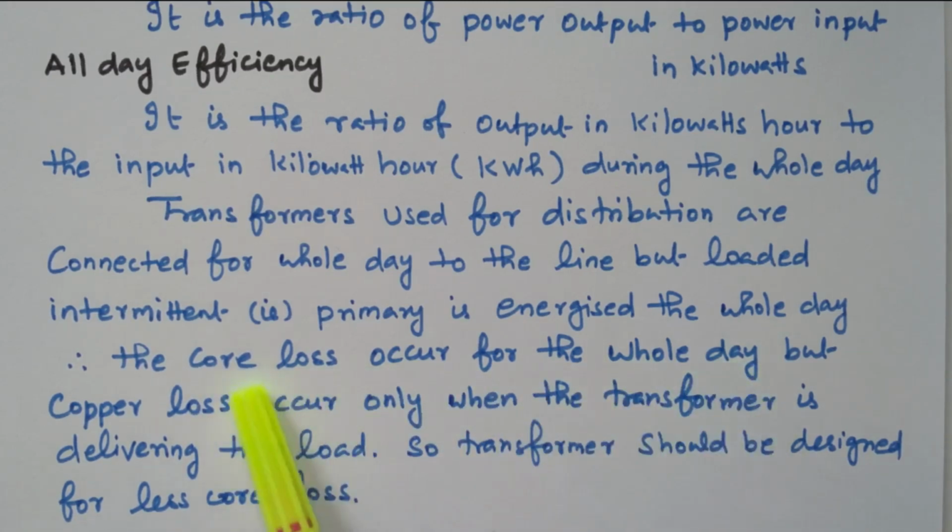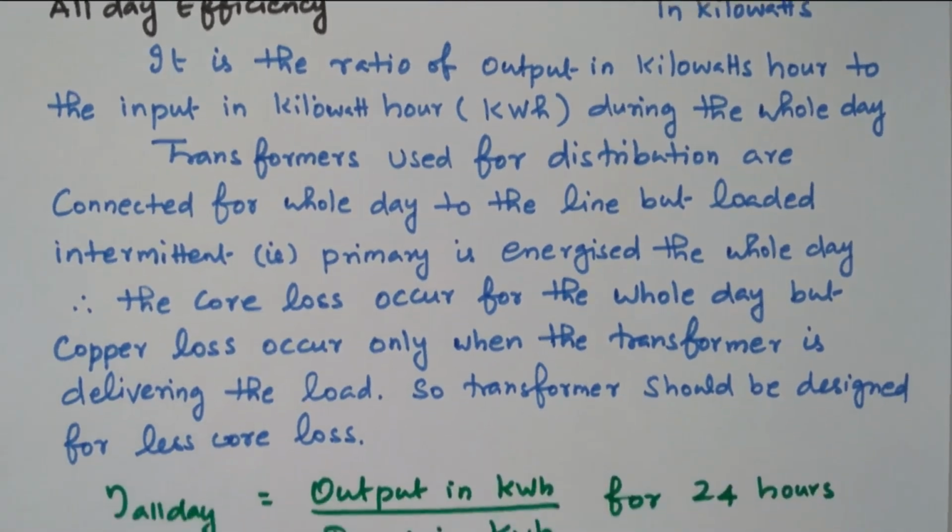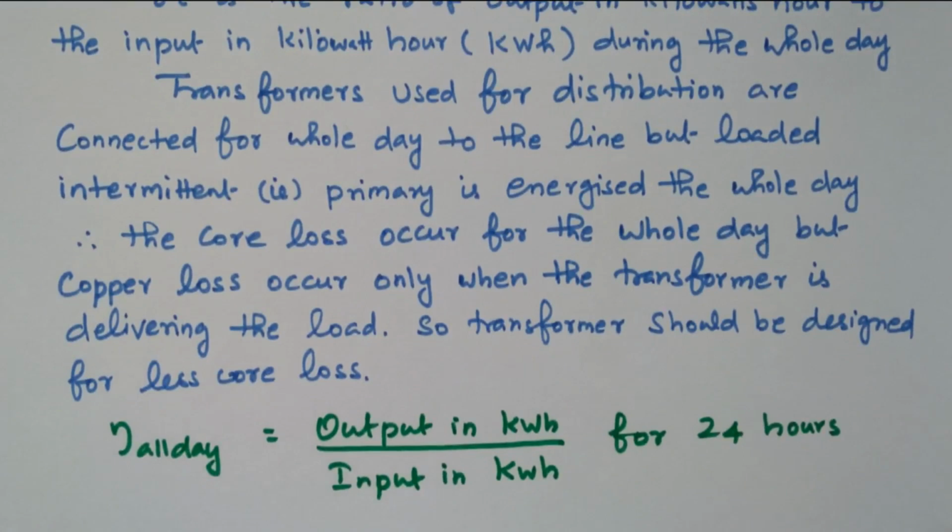That is, core loss is irrespective of the load current. Primary is connected always, so the core loss will occur. The copper loss occurs only when the transformer is delivering the load. So we need to concentrate on the core loss. The transformer should be designed for a small amount of core loss, because the primary winding is always connected, so there is a possibility of core loss for the entire day.